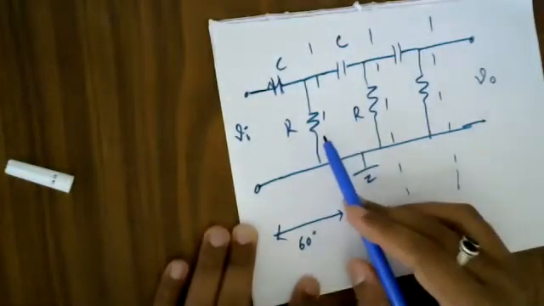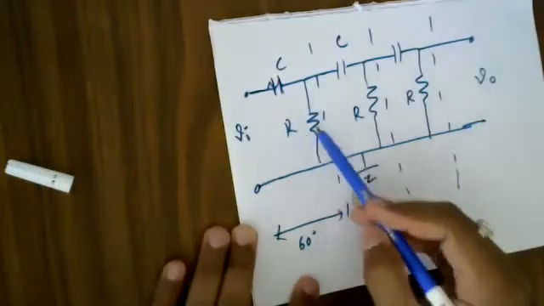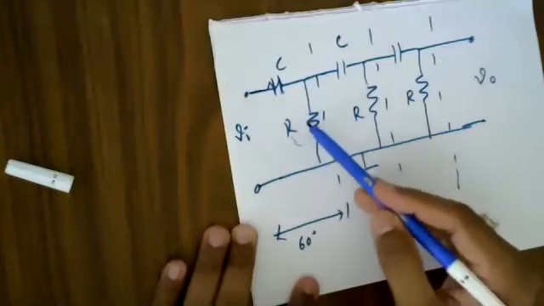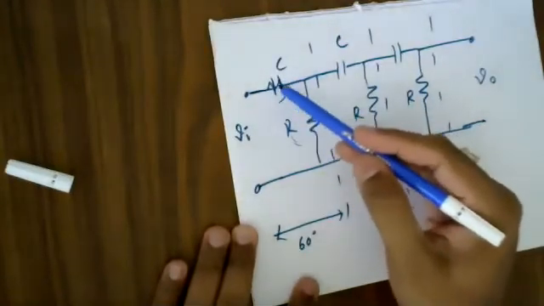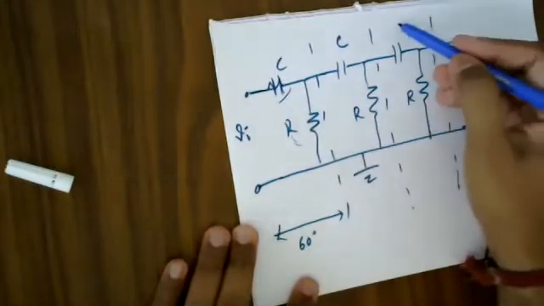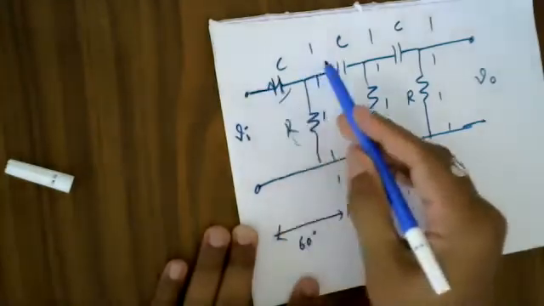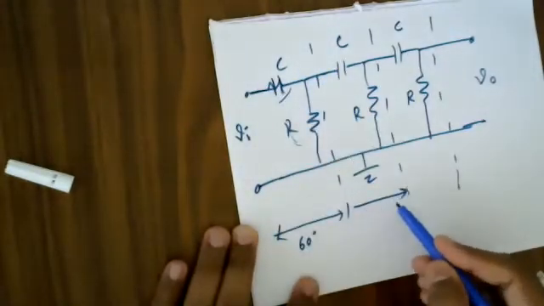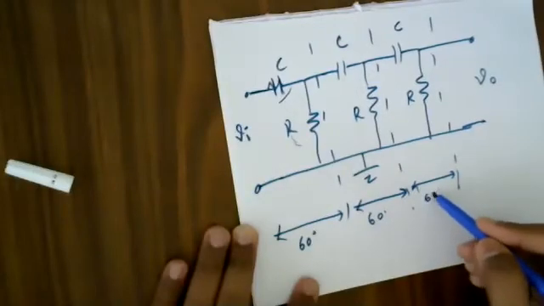Instead, I'm writing R and R. It simply means whatever the value of this resistance, the same value should be assigned to the remaining two components. Whatever the value of this C, the same has to be the value for the remaining two capacitors. Understood? So each pair is going to give me a phase shift of 60 degrees.